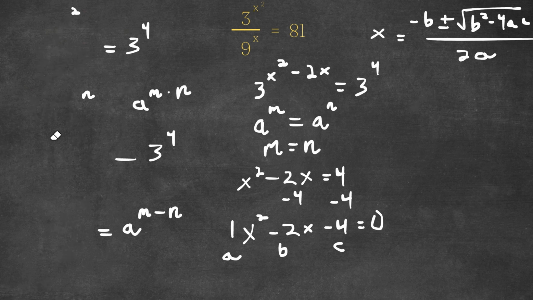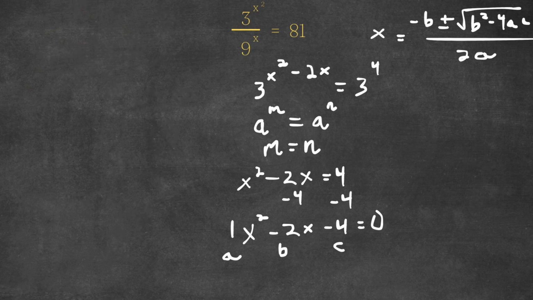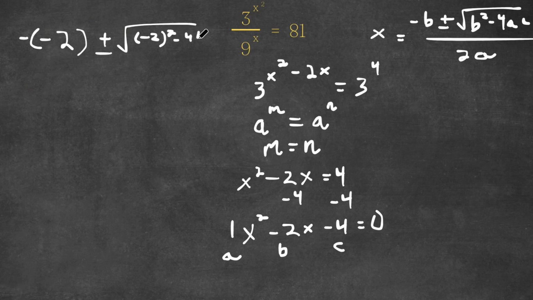So let me go ahead and quickly erase all of this so I can have a little bit more space. All right, so now we have negative b, so negative 2 plus or minus the square root of b squared, so negative 2 squared minus 4 times a, which is 1, times c, which is negative 4.